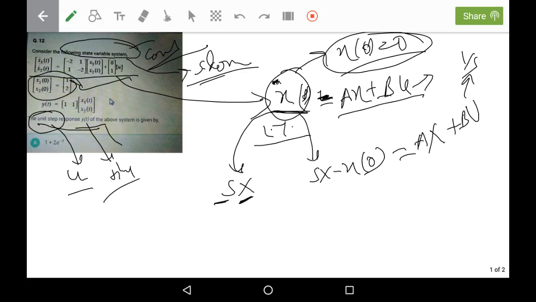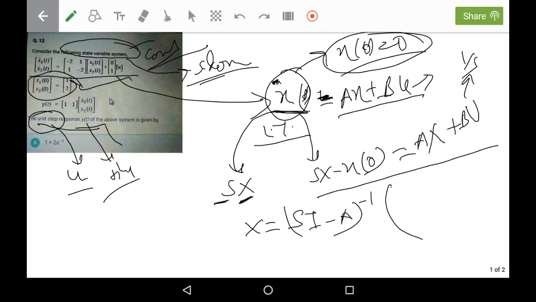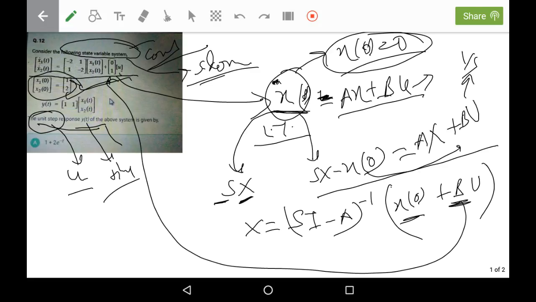So overall this will be the input equation in S domain, and from here X can be derived easily as X = (sI minus A) inverse into (x(0) + BU). Here x(0) is already given, B is given, and U is just 1 upon s, the Laplace transform of the unit step function in time domain.